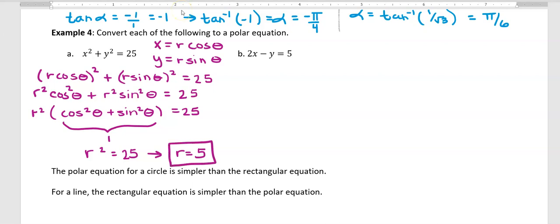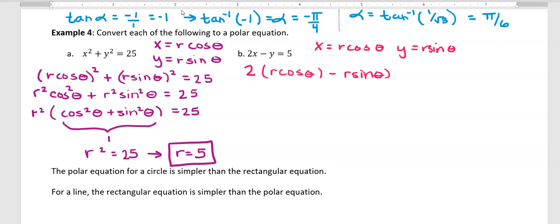Our second is still going to use those same ideas, knowing that x is equal to r cosine theta and y is equal to r sine theta. And again, we're just going to replace the x and the y using these two equations. So 2 times r cosine of theta minus r sine of theta is equal to 5. The idea here is to try to be able to solve for r. So we can factor out an r from both of these pieces.